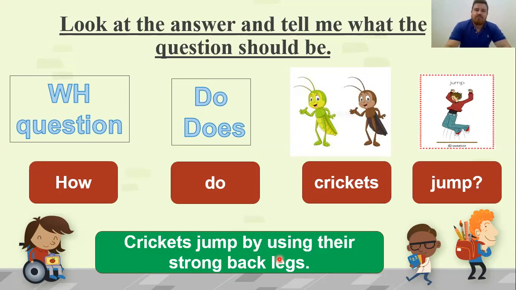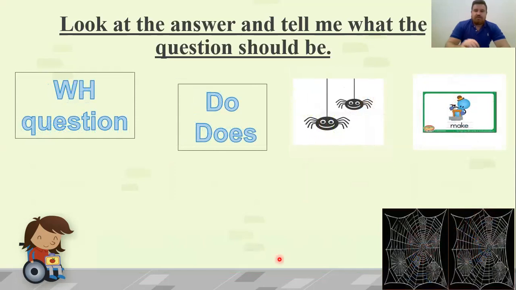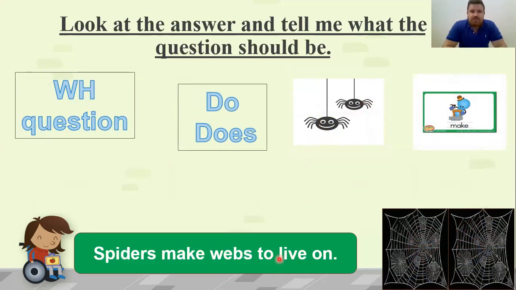Okay, good job, everyone. Now, let's look at this one. Now, look at the answer and tell me what the question should be. Spiders make webs to live on. Spiders, spiders.